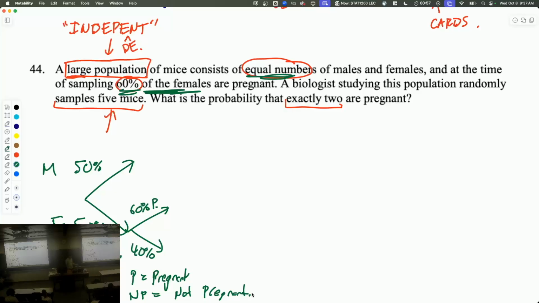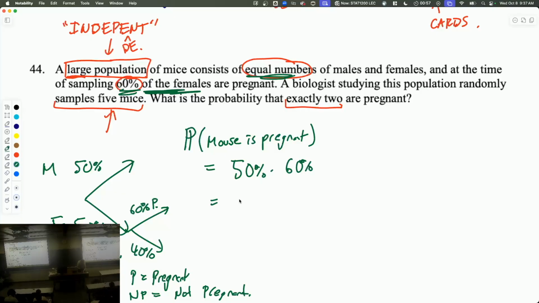From this probability tree, I can see the probability of a mouse being pregnant. The reason I care about pregnant is because later on we want to know pregnant or not pregnant. The probability that any individual mouse is pregnant is, by the multiplication rule, 50% times 60%, which is 30%, or 3 out of 10.